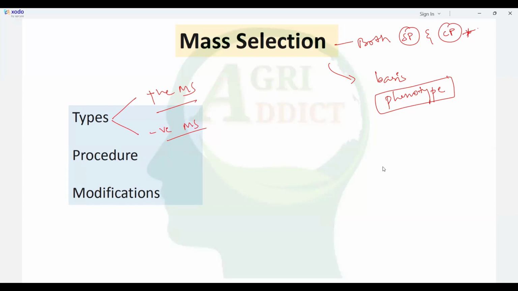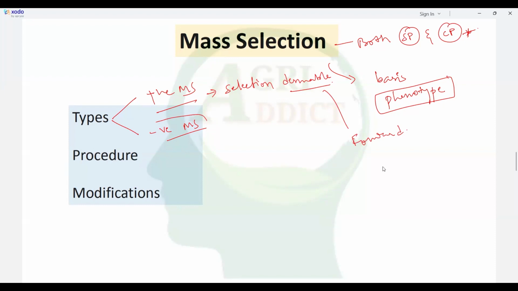So positive mass selection is a selection when you select the desirable plants from a heterogeneous population, and then you bulk their seed, and then you forward it. After selecting them, you will harvest, bulk the seed, and then forward.